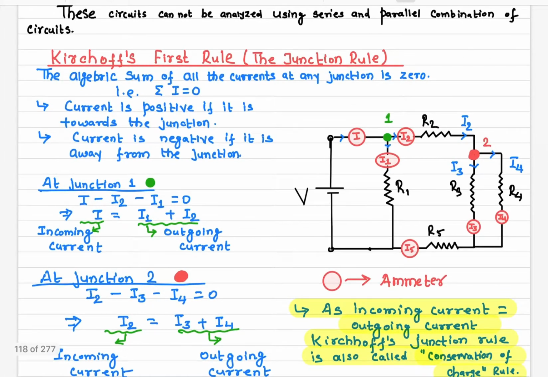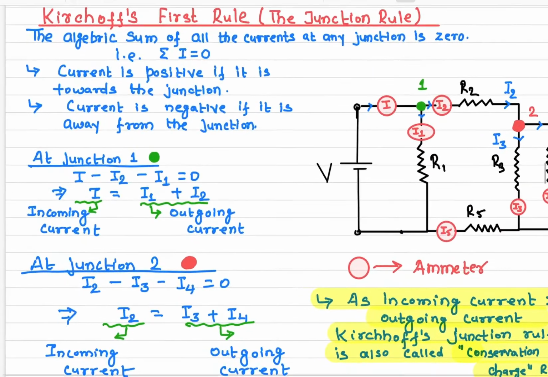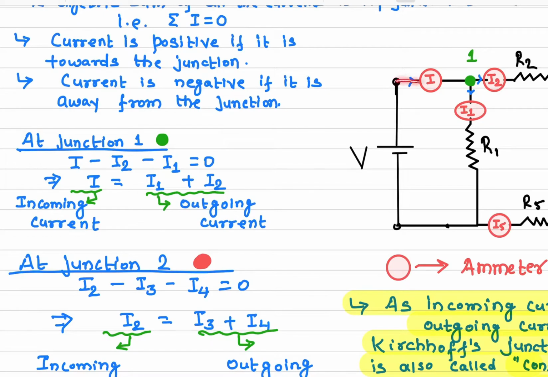So let's apply Kirchhoff's junction rule, or Kirchhoff's current rule, at this junction 1. At junction 1, you see I is going towards the junction, so it is positive. This is leaving the junction, so it is negative. This one is also going away from the junction, so this is negative. All together it has to be equal to 0.